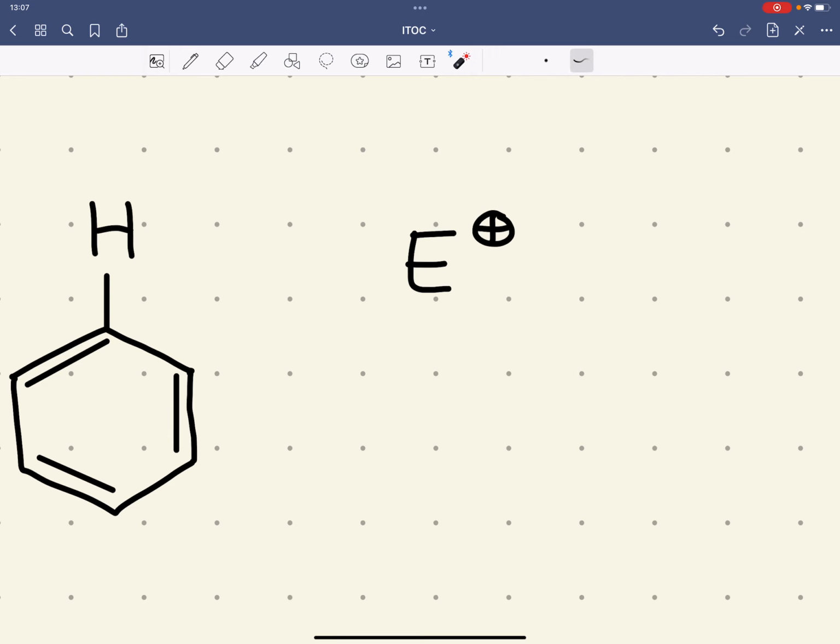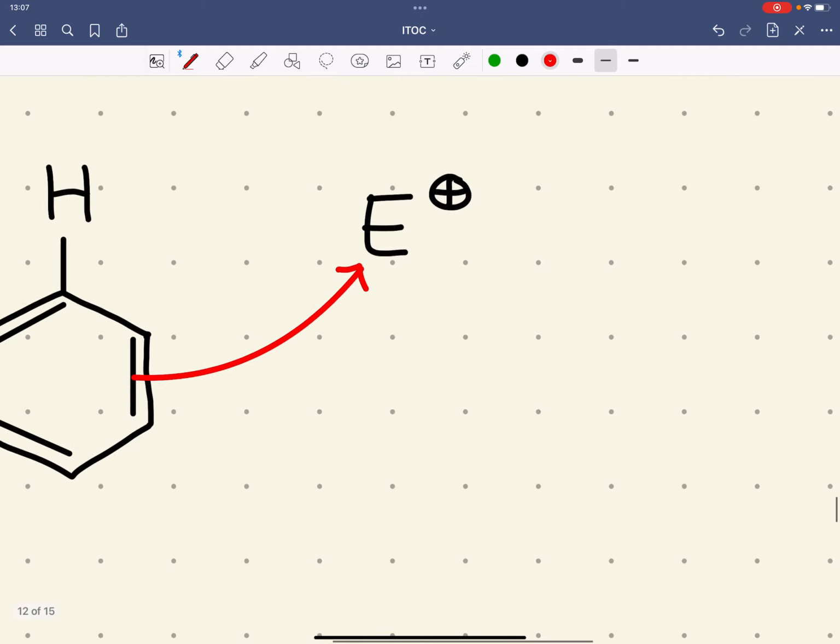This can be a delta plus or it can be a full plus. So mechanistically, a pair of electrons from the delocalized ring network can attack this. We've got this region of high electron density above and below the plane of the ring, and 2 electrons can be used to attack an electrophile.